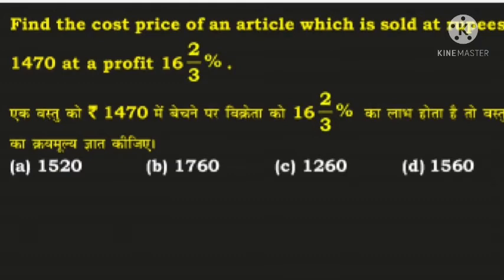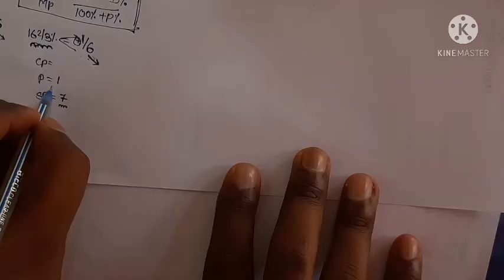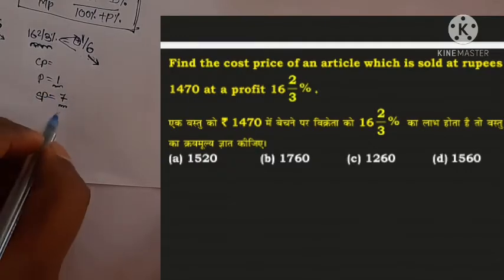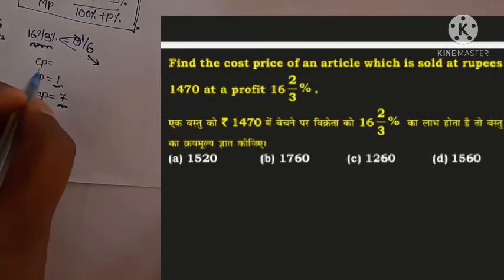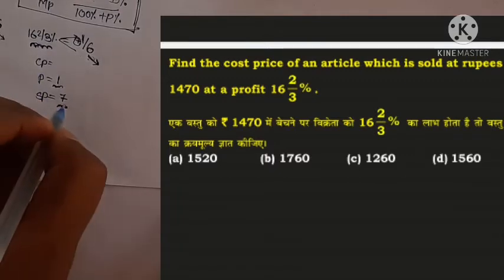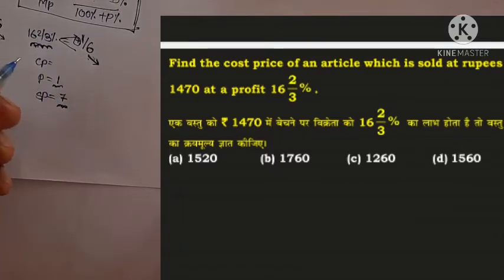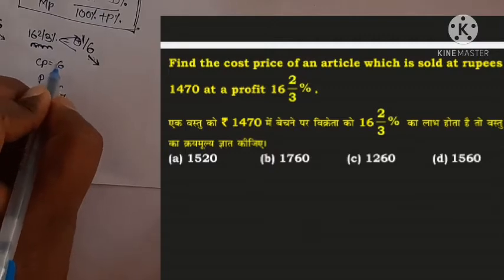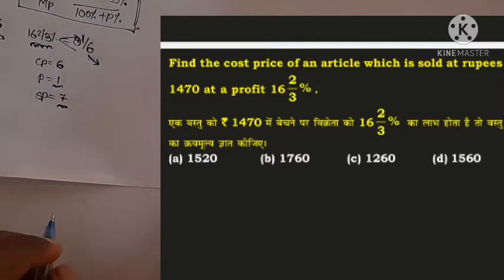Find the cost price of an article which is sold at rupees 1470 at a profit of 16 2/3%. Profit is 1 and cost price is 6, so selling price is 7. So cost price is equal to SP minus profit. So CP represents 6 units.